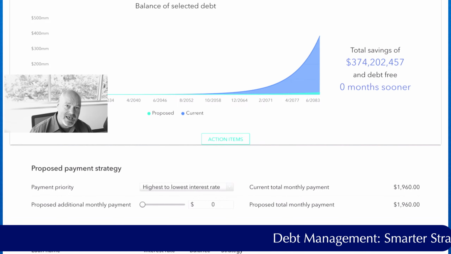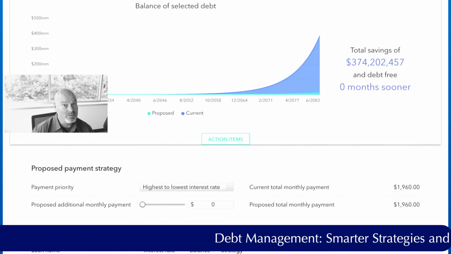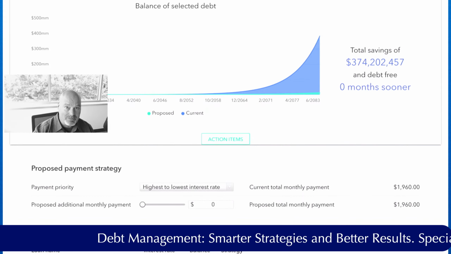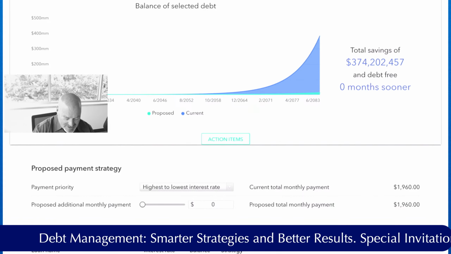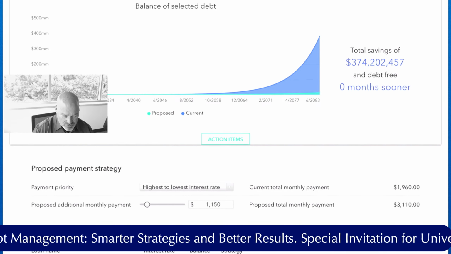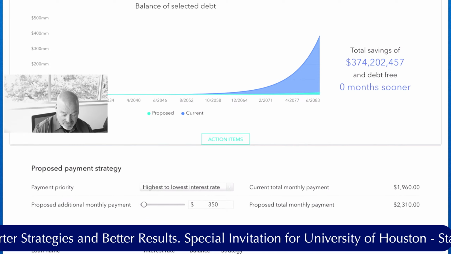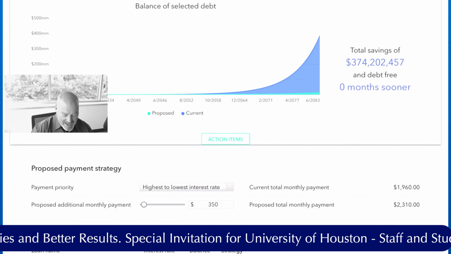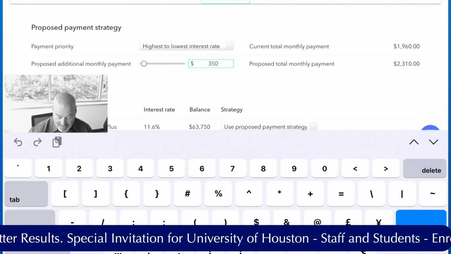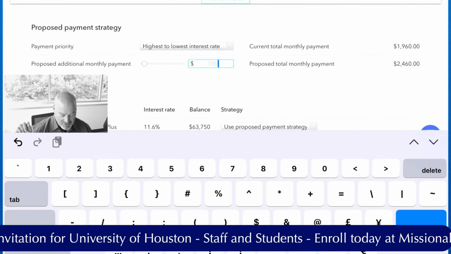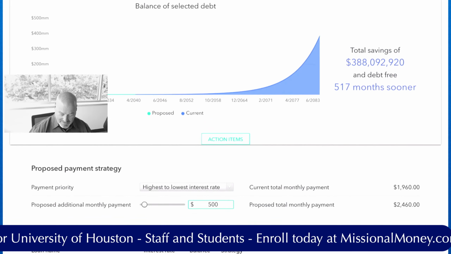And for Billy and Sally, I would have to say that it would make a lot of sense to put some extra money towards eliminating this debt. So let's say that we go to $500. Maybe I should just tap in that field and see if I can just type in $500. Go. Done. Okay, I think that worked.